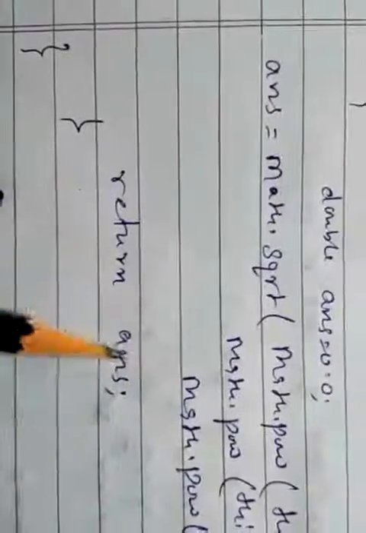The answer of this will be stored in the answer variable, and we are returning the answer. In this question we have not written the main function, so your question is completed here.